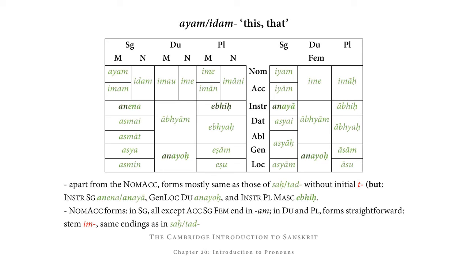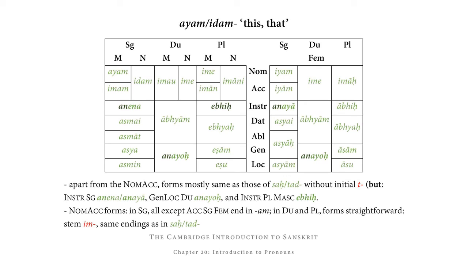Now, it looks like we've got a rather large number of new forms to learn here, but the reason why ayam/idam is introduced in the same chapter as sa/tad is that actually many of its forms are very similar to those of sa/tad. Namely, if we look at the forms from the instrumental on, so instrumental, dative, ablative, genitive, locative, we will see that they basically are exactly like those of sa/tad, except that they're missing the initial t.